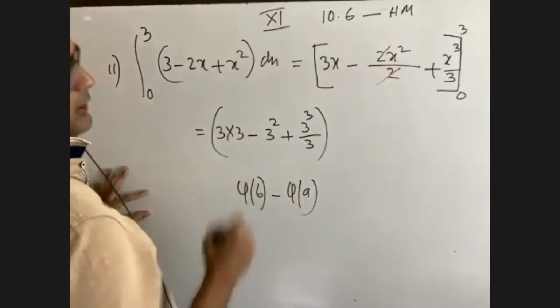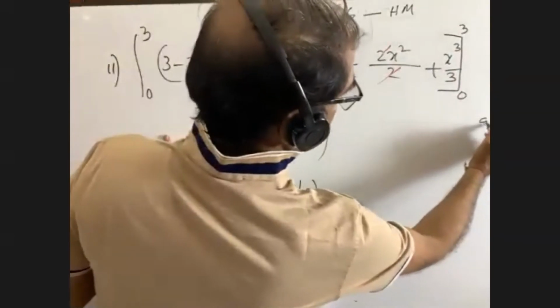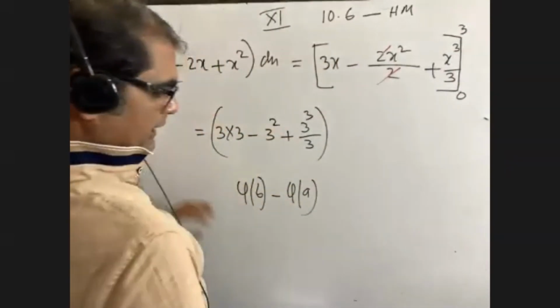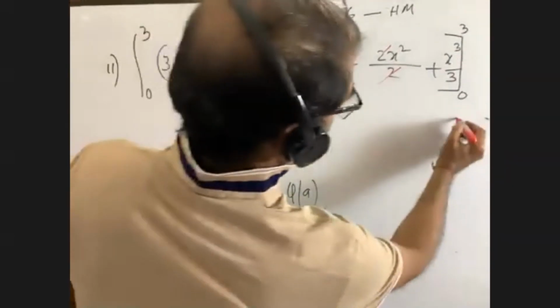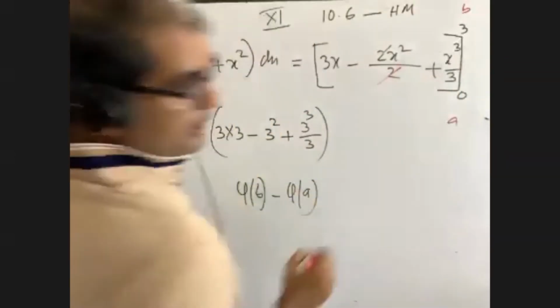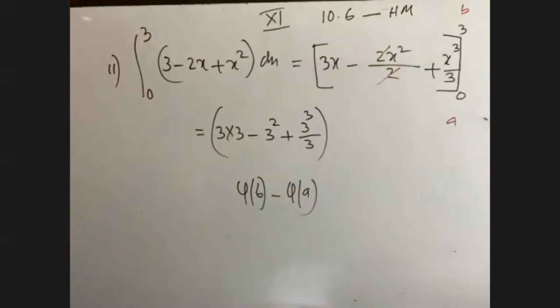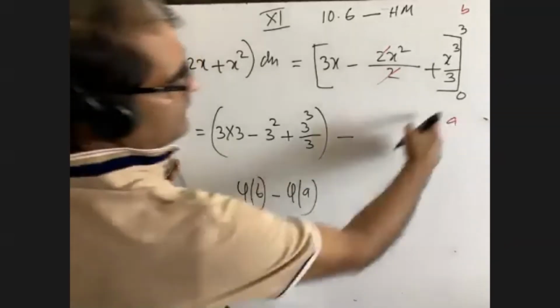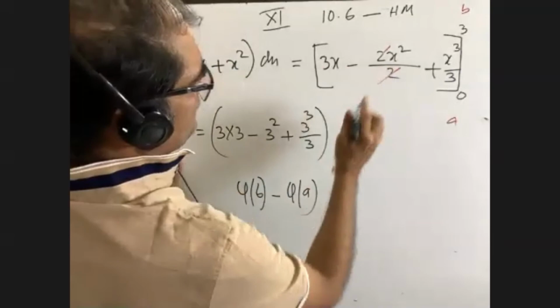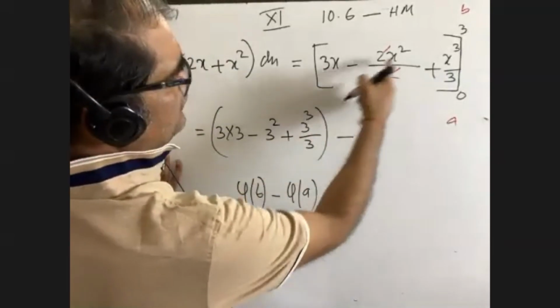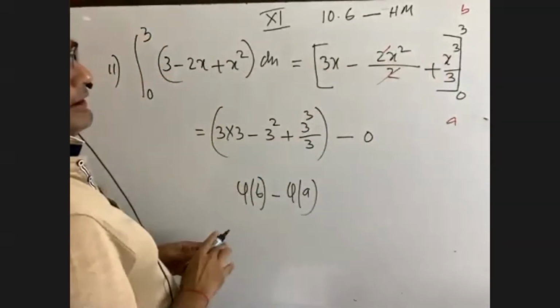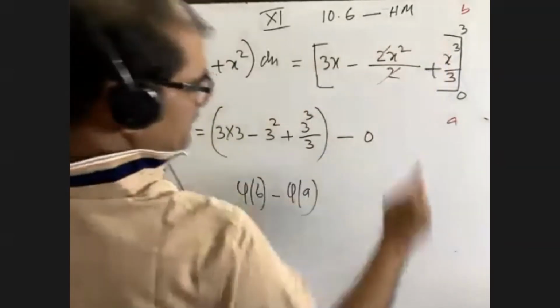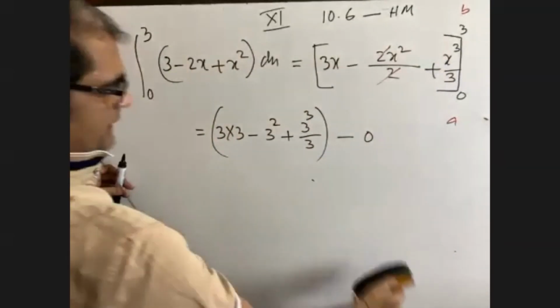This is the formula. So this is a, and this is b. So we are getting here minus phi of a. Here it is a 0, so everything is 0. We are getting only 0. Now this is the calculation.